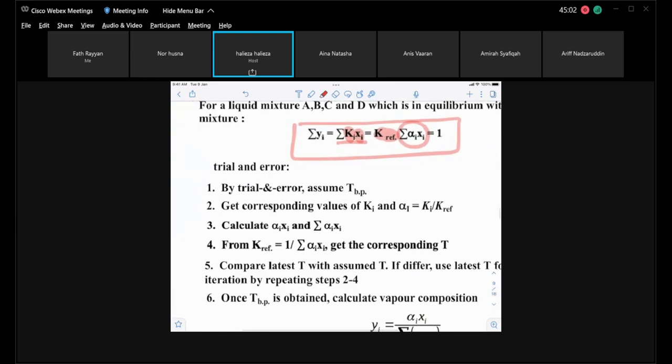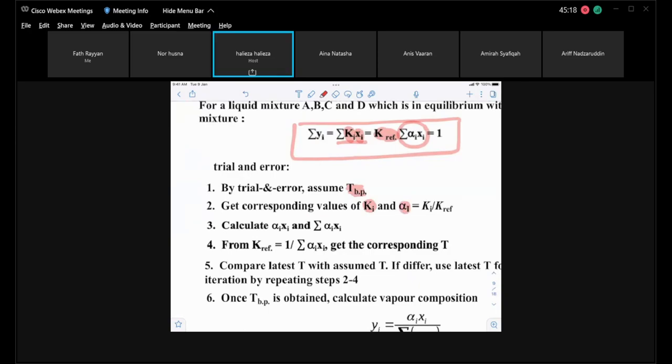So let's look at the steps. You assume one temperature, the boiling point temperature. You just assume. From that temperature, from the graph or using the equation, you can get your K values. And from the K value, you should be able to calculate your relative volatility.